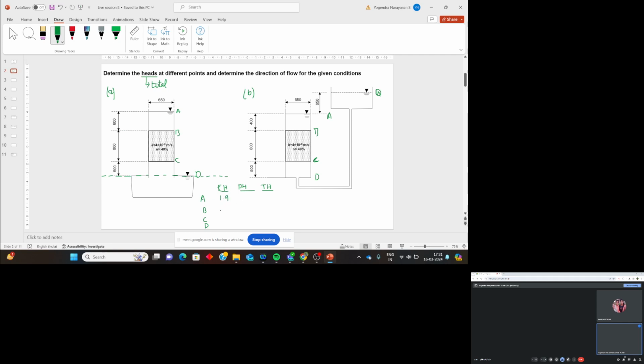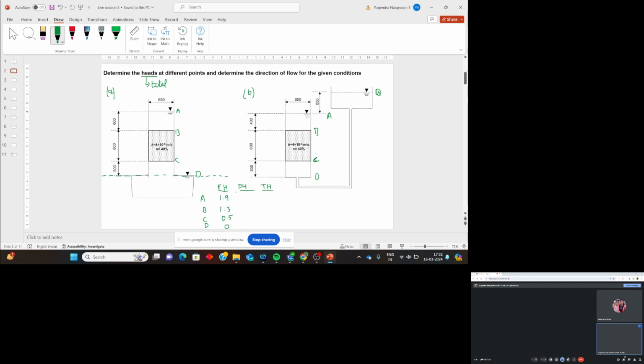So for B, 1300, 1.3. For C, 0.5. And for D, 0.